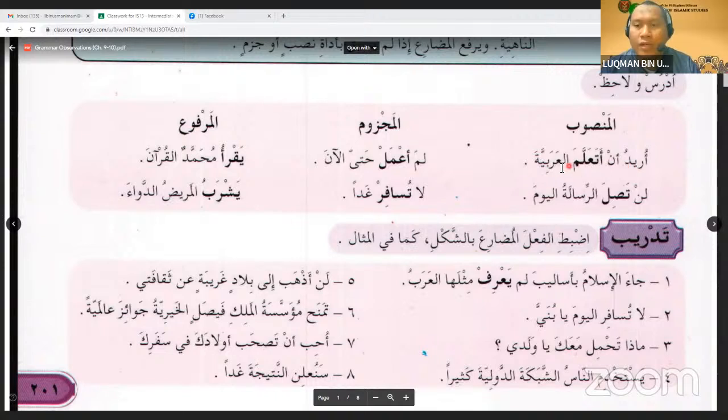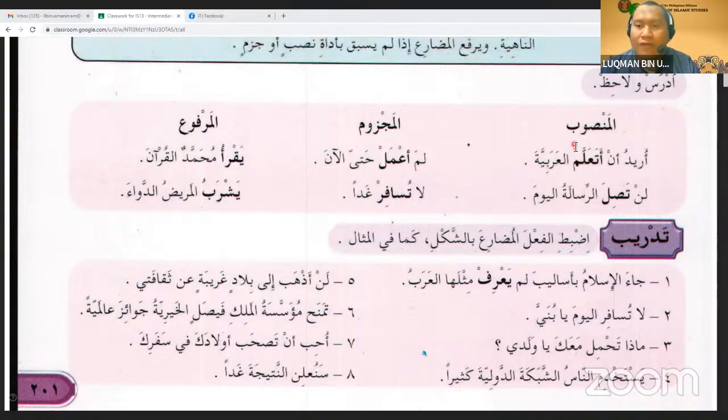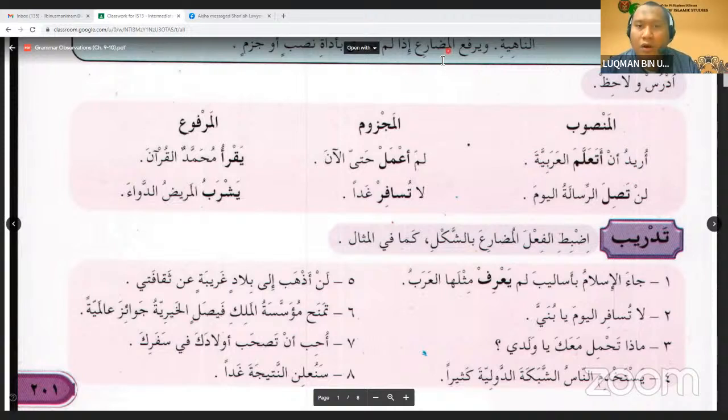I want to learn the Arabic language. So here, ata'allama ends with the fatha because of this particle an.